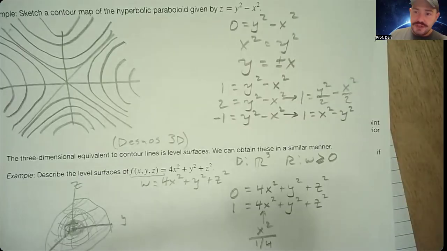So I've spent a while talking about some of the basics of functions of 2 and 3 variables. We looked at domain and range. We looked at inputs, outputs, independent and dependent variables. We even looked at ways to look at graphs, even if they're not stuff that we can visualize, using our contour lines, our contour maps, and our level surfaces for functions of 3 variables.